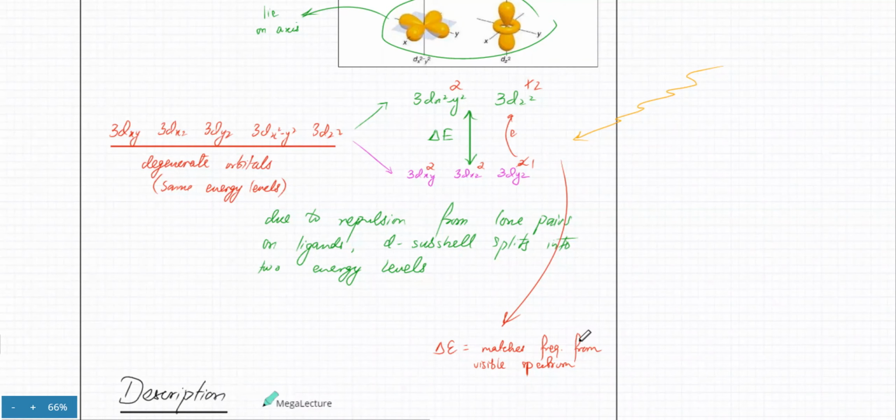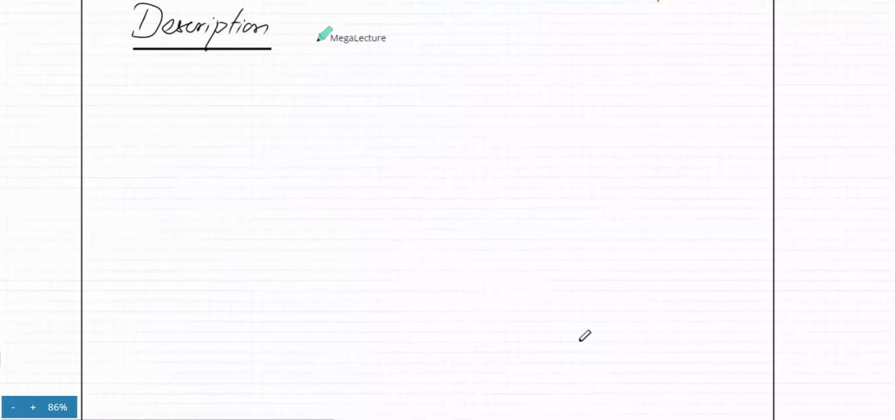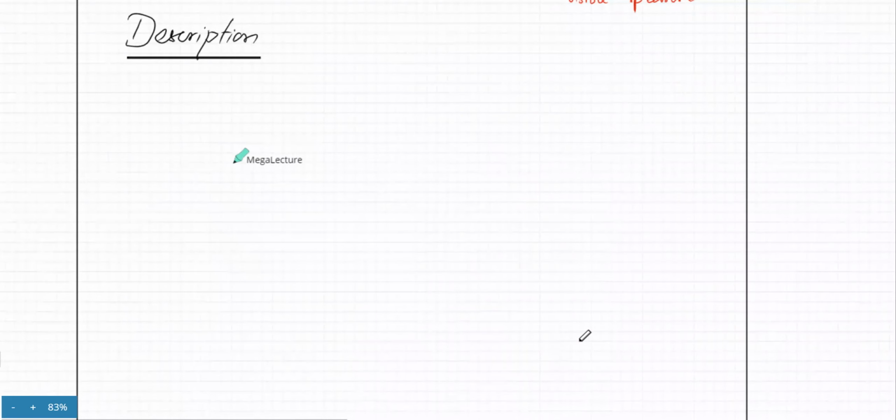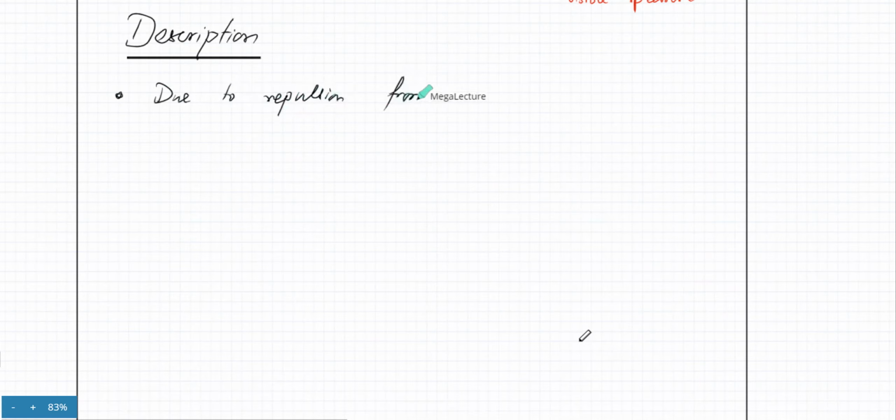So writing the description now of the whole process, the first point would be: why do the d subshells split?